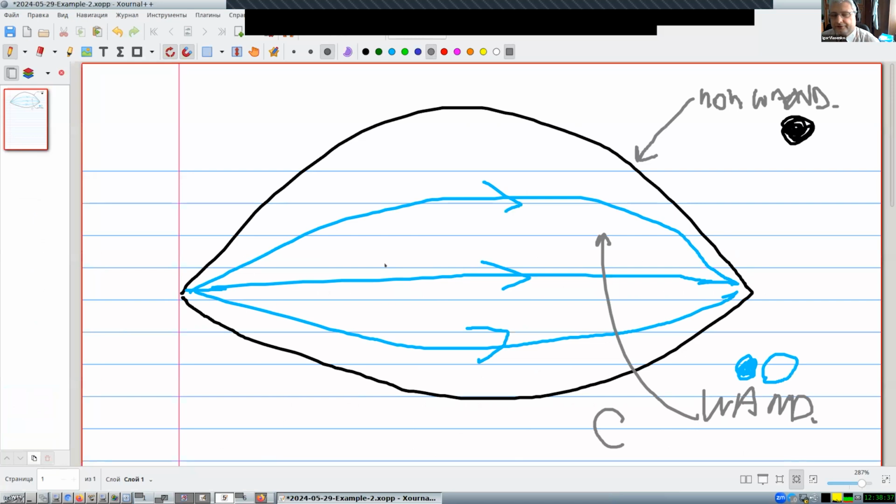The interior is the wandering set. In the dynamics of this wandering component, which is a regular component, we have points which move from point A to point B. According to our theorem, this regular component of the wandering set cannot be a chain regular component because it is not homeomorphic to a ring. It's homeomorphic to a disk.